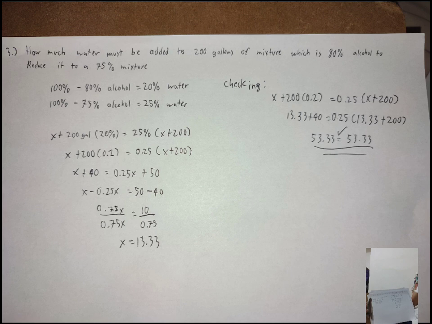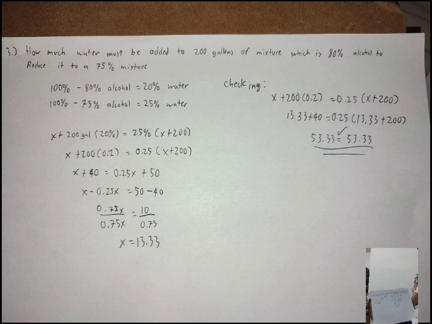So X plus 200 gallons, multiplied by 0.2, is equal to 0.25 multiplied by X plus 200.